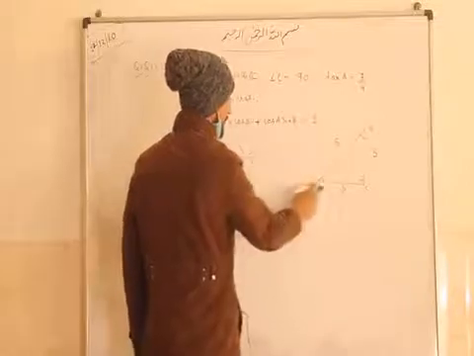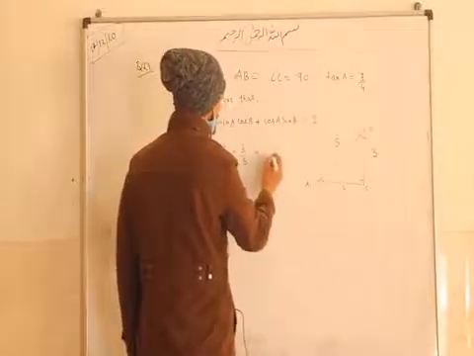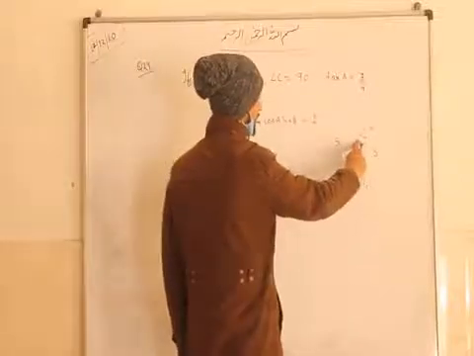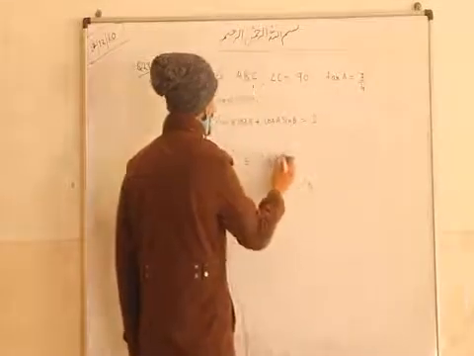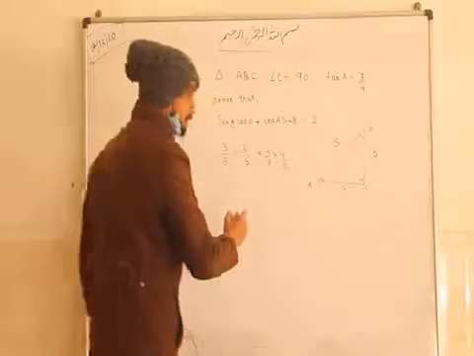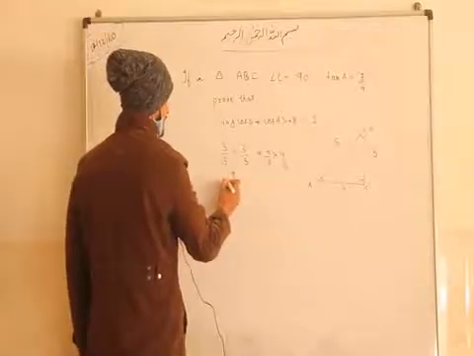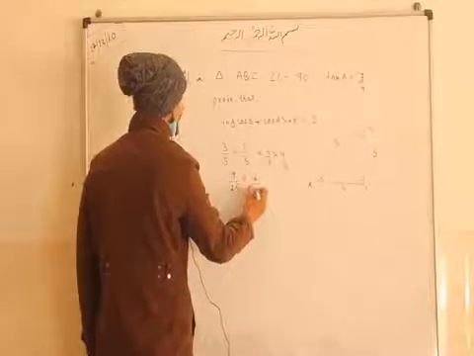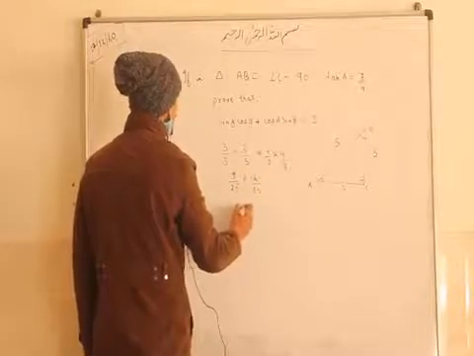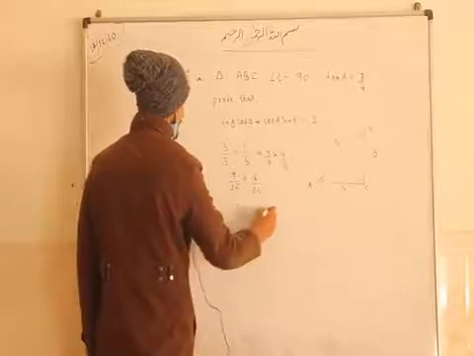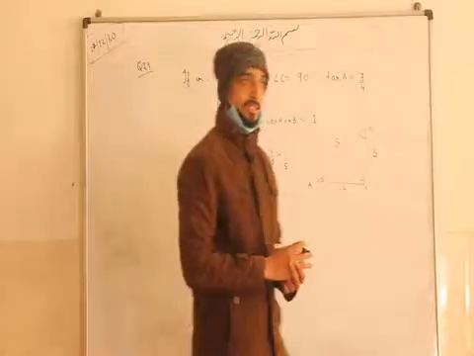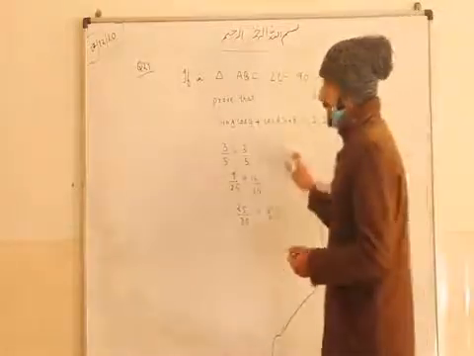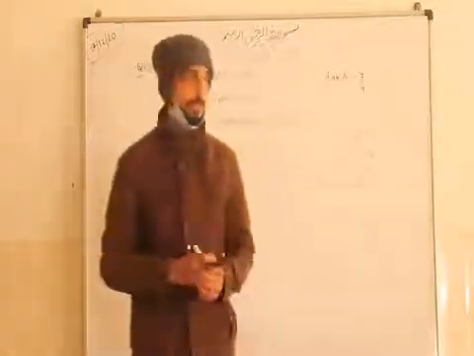Cos A, B by H, is 4 by 5, into sin B, P by H, so P is 4 and H is 5. So it will be 9 by 25 plus 16 by 25, so 25 by 25, which equals 1. So it is a simple proof only. Just put these values and we have to prove it.